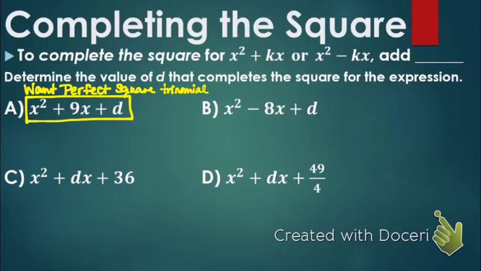Okay. So if you remember, when we go to square a binomial, write this off to the side. When I square a binomial, like a plus b squared, how does that expand? A squared plus 2ab plus b squared.